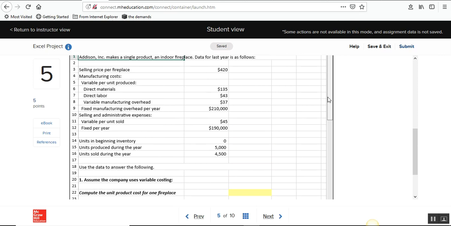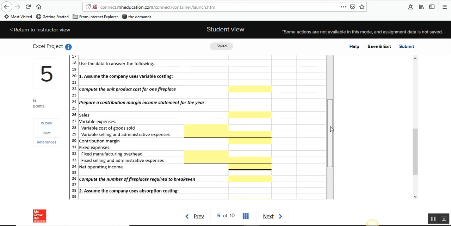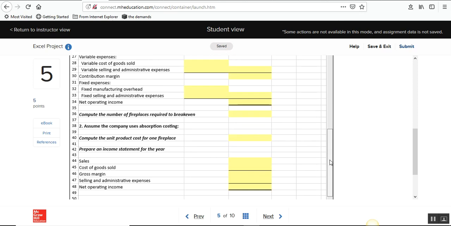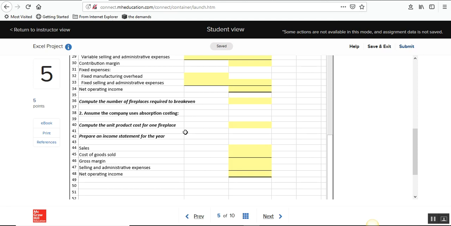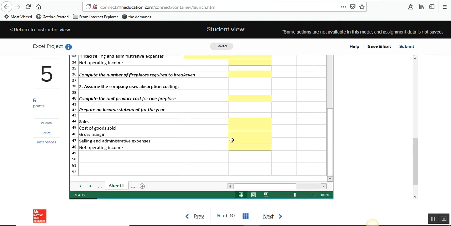What we're going to do then is compute the unit price for one fireplace using the variable costing method, prepare a contribution margin income statement, and then flip that over and say, okay, what happens if they use the absorption method? And we have to change some assumptions for that. And then we're going to calculate the cost of goods sold using the absorption method, the gross margin, and then the net operating income. So that's really the fifth worksheet.